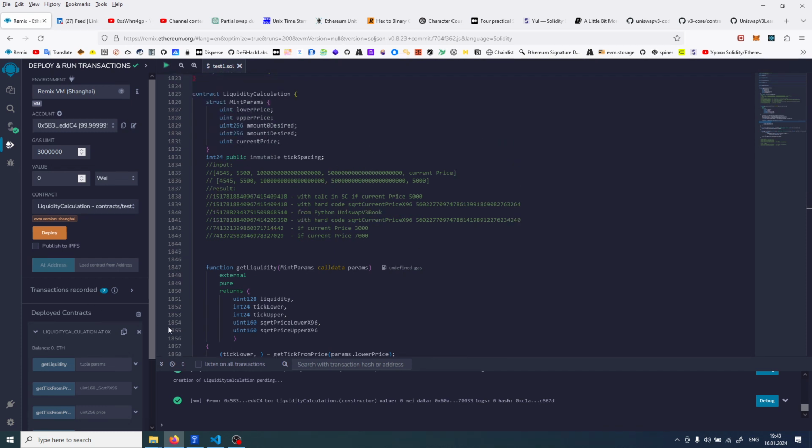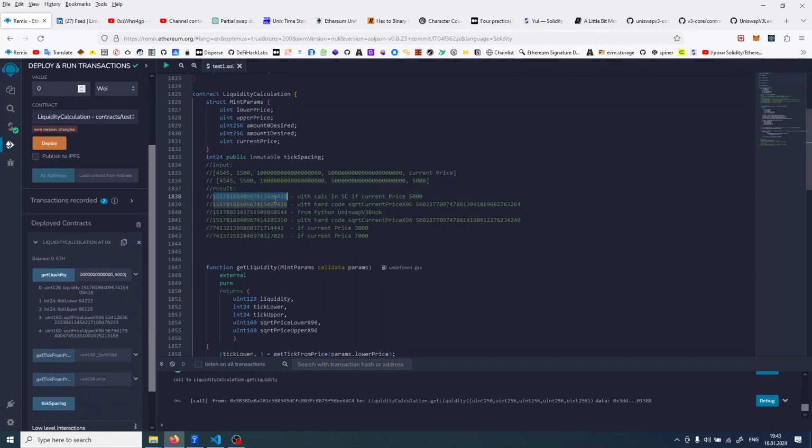So let's calculate our liquidity. You see my inputs here, and you can see the liquidity from these inputs. It's the lower price, it's the upper price, it's 1 Ethereum, 1 and 80 zeros, it's 5000 USDC or token 1, and we use the current price 5000. So we have the upper and lower tick.